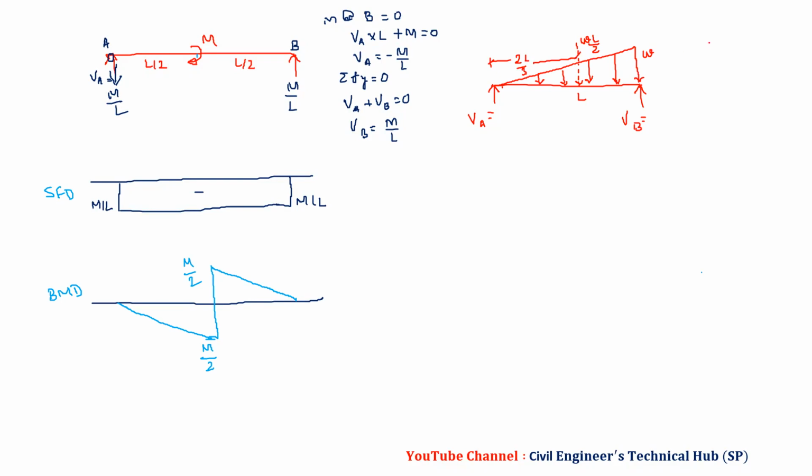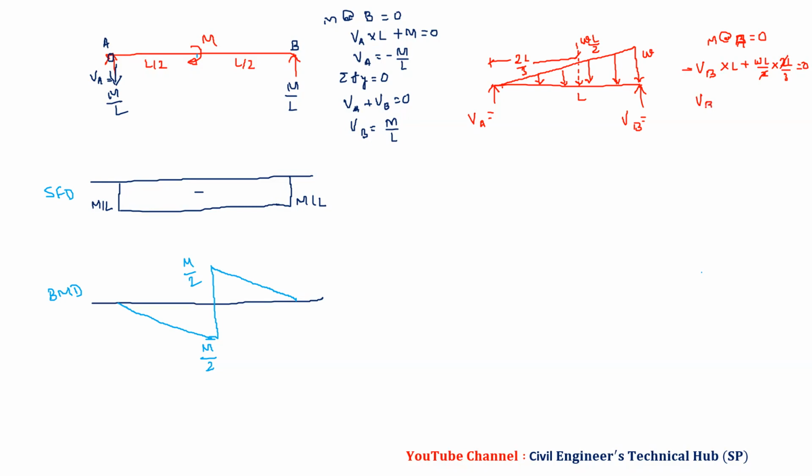And then we take moment about B equal to 0, or better, about A, because there we have the distance already mentioned. So we have minus VB into L, plus WL by 2 into 2L by 3, equal to 0. The 2 gets cancelled.